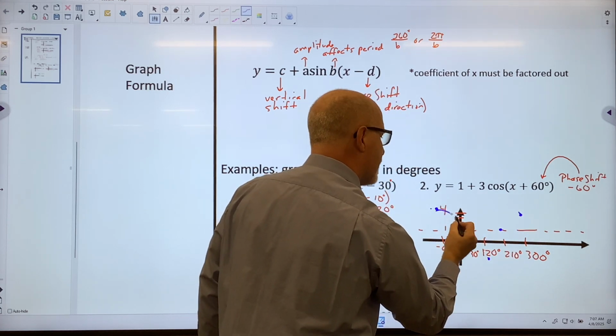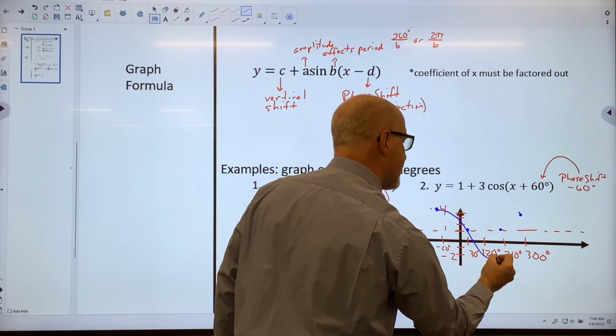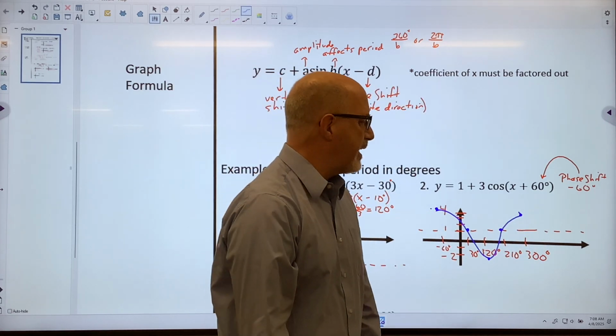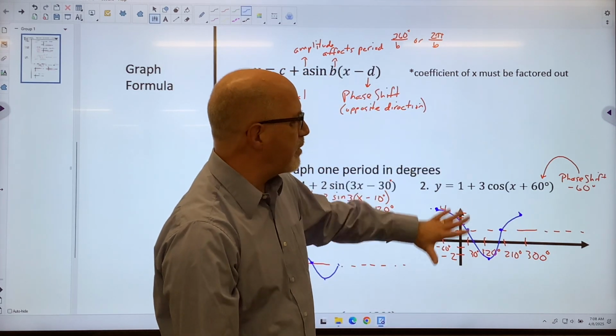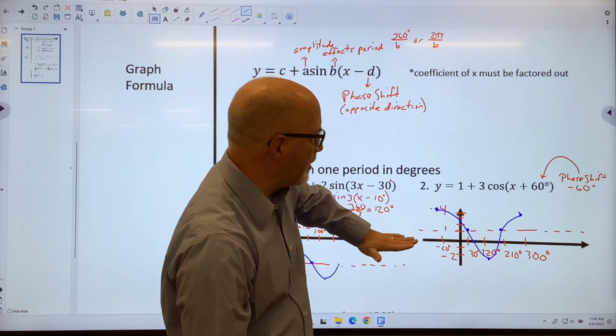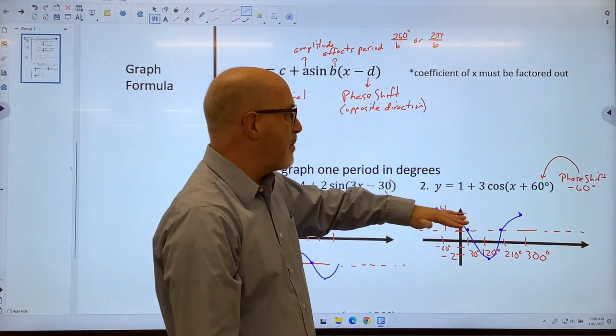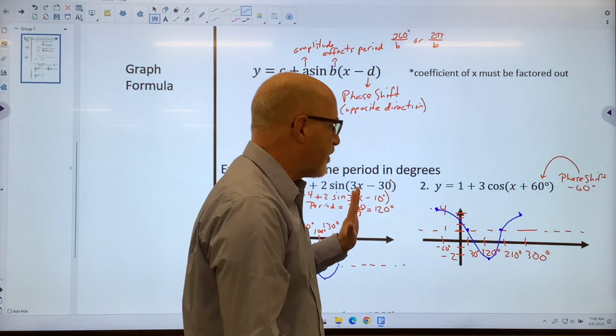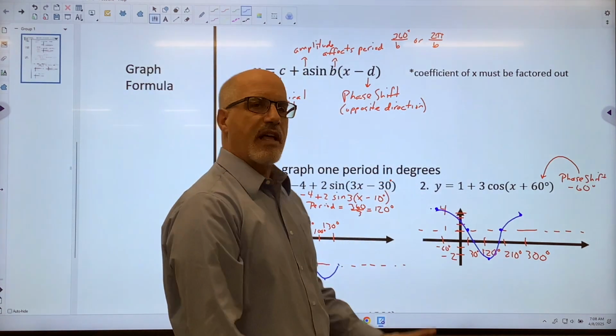So my graph will look like this when I get one full period of cosine. Notice that it goes above and below the axis because my new midline has been moved up, but I've expanded my amplitude, and I've also shifted things over to the left.